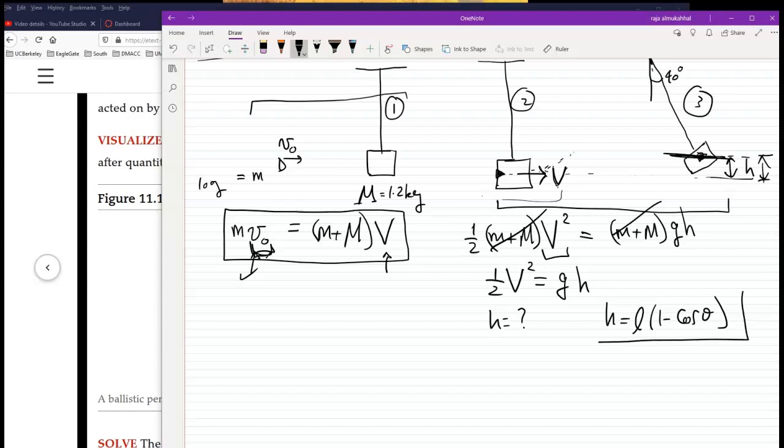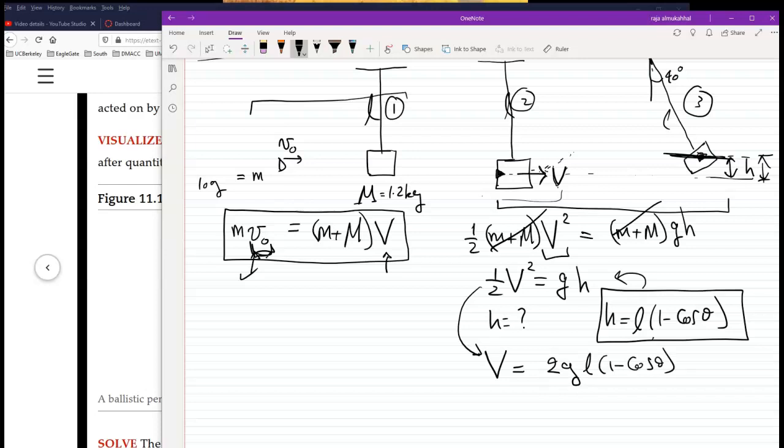I derived this formula for you and told you it's important, where L is the length of the pendulum. So I can plug that in back here, and therefore I can say that big V is equal to the square root of 2 g L (1 minus cosine theta).